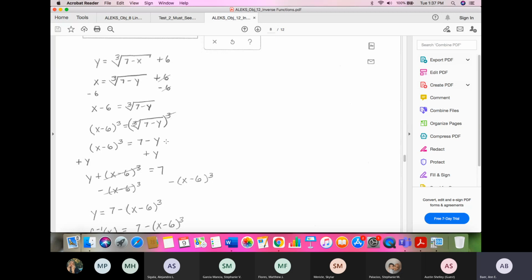For me personally, I prefer the y to be positive, working with it from a positive point of view. So I make it positive by adding y to both sides in this situation. I'd encourage you to do the same thing, because otherwise you may end up with the wrong sign in front of this expression right here.